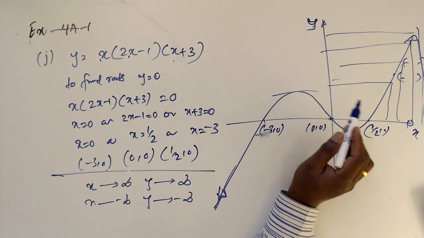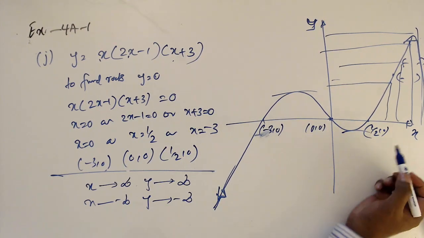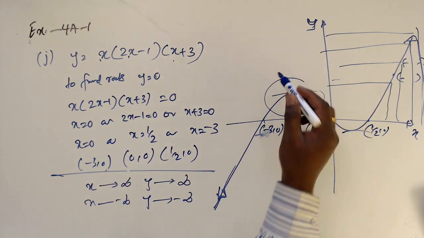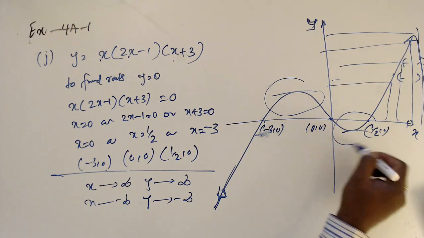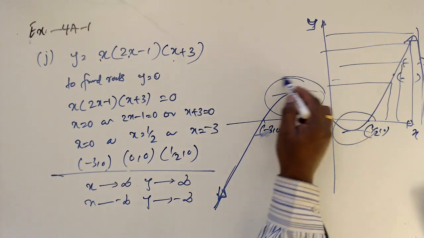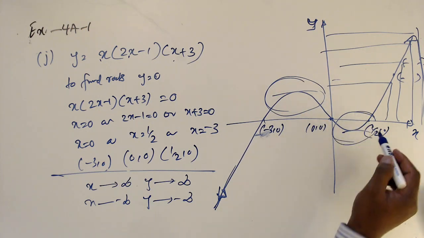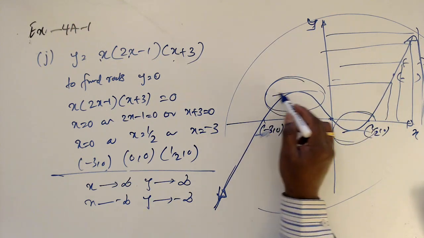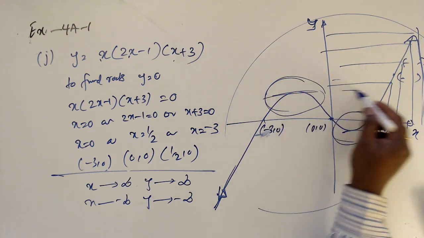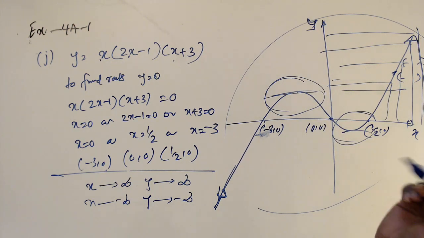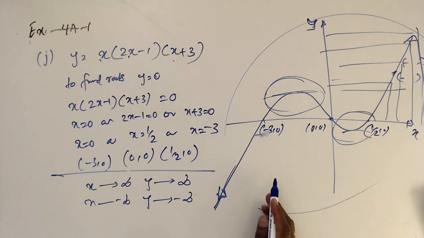And it has a maximum and it has a minimum. But these are local maximum and local minimum, not global, because when you take this point, it is above this one. So this is some extra bit we are going to use later.